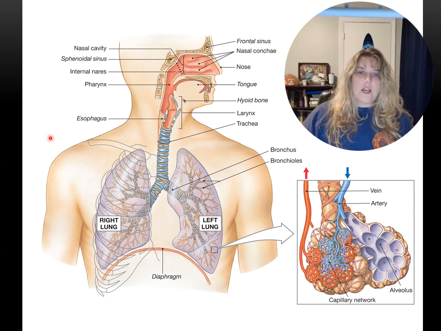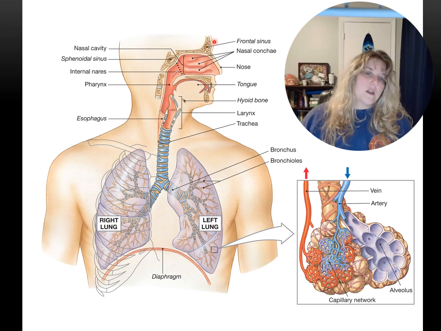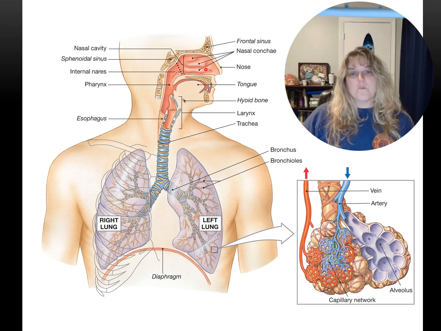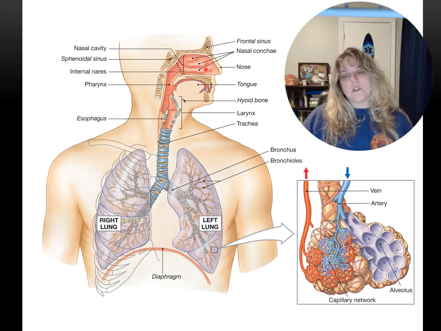Now, when you take a look at the entire respiratory system, we're going to start up here at the top. And there is a certain point at which your pathway for getting food through the GI tract is going to be the same as that used in the respiratory tract.